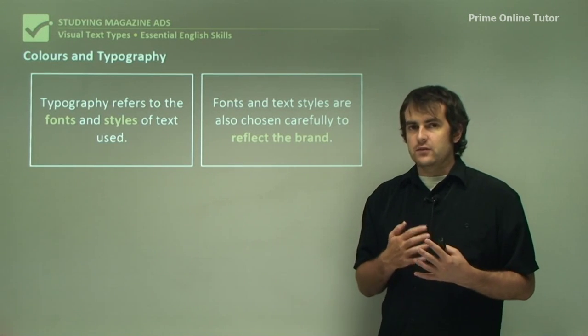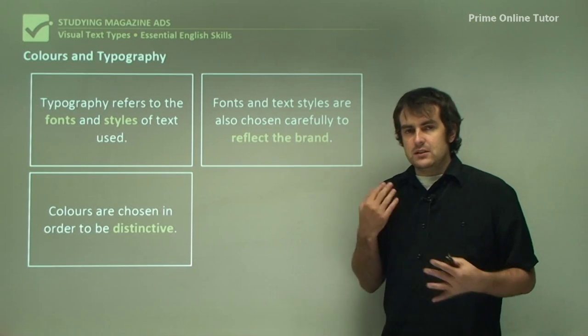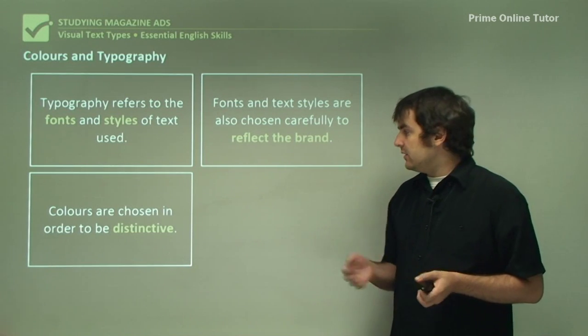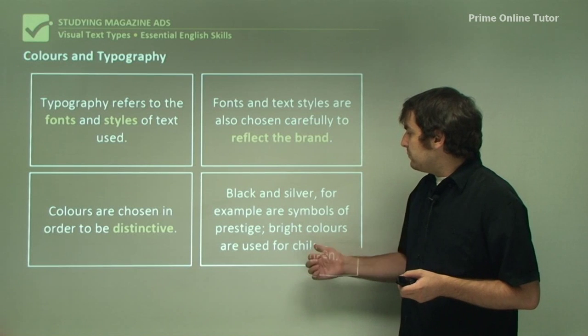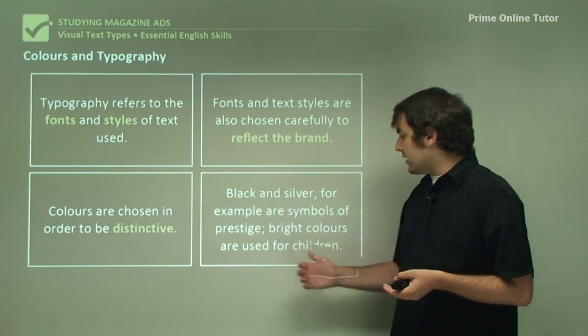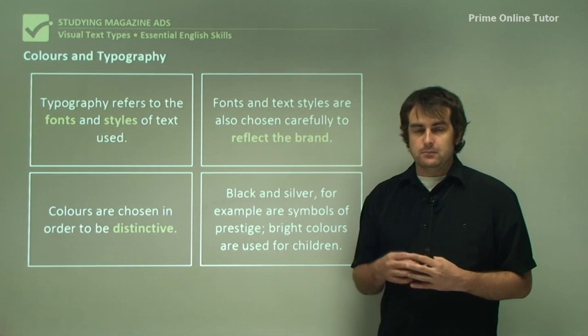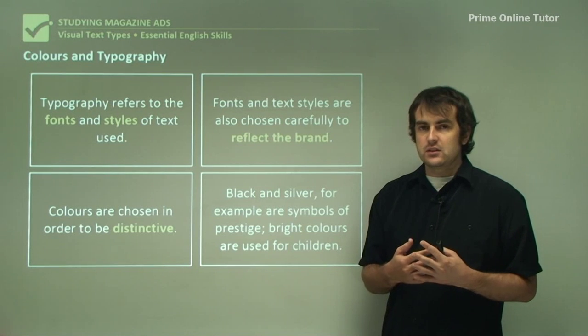A lot of the visuals are chosen very carefully, and people spend a lot of time on it. They're chosen in order to be distinctive as well. As in, for instance, you might often see black and silver being used as symbols for prestige. You may see bright colors being used for children. So if you see an ad for a luxury car, for instance, you won't see lots of bright colors.